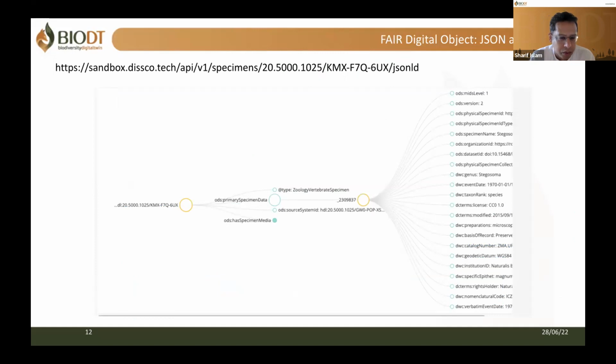This is a simple visualization of one of the JSON transformed into JSON-LD, where you can see on the right-hand side, we're already using some of the data elements from Darwin Core, which is also used by GBIF and other partners. So there is some alignment at that level, but at the same time, we also have our open digital specimen data, which again connects to the digitization pipeline and the digital specimen concept. So we're combining some of these things in this representation.